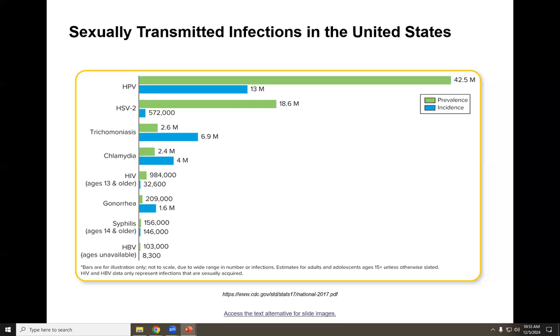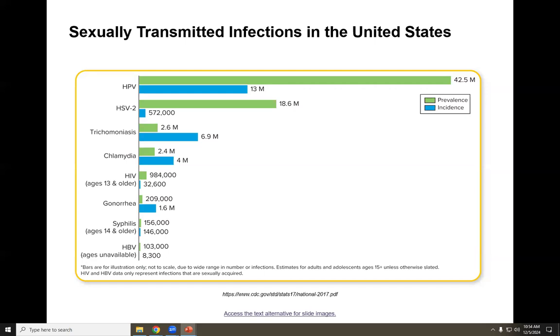For all these sexually transmitted diseases, I would like to point out the prevalence and incidence of HPV. For prevalence, here we have 42.5 million people that have had HPV in the United States. HPV is easily the most common sexually transmitted infection in the world. Again, most of the time you're going to be asymptomatic, so you might not even know that you've had it.